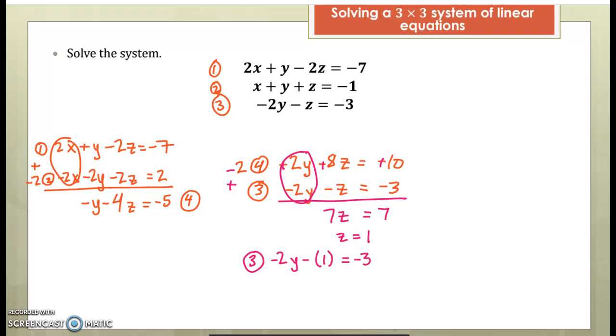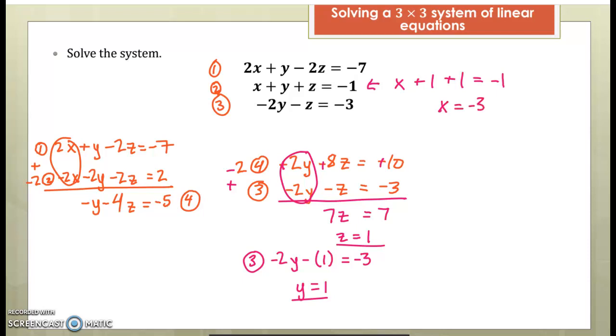And then after some solving, I'll get y equals 1 as well. Now what do I do with this z equals 1 and this y equals 1? I plug both of those into something with x. Let's plug it into equation 2. So I get x plus y, which is 1, plus z, which is 1, equals negative 1. So I'll get x plus 2 equals negative 1, or x equals negative 3.